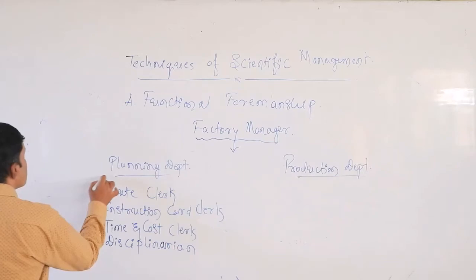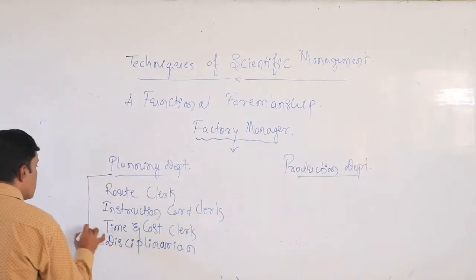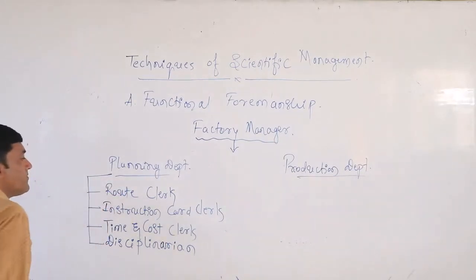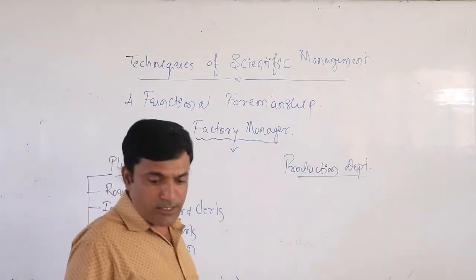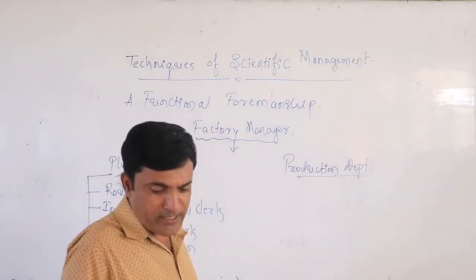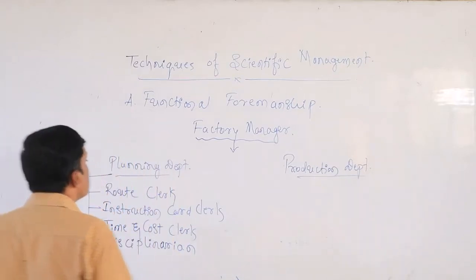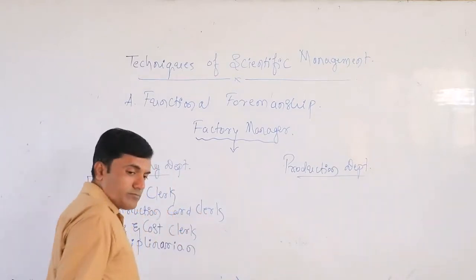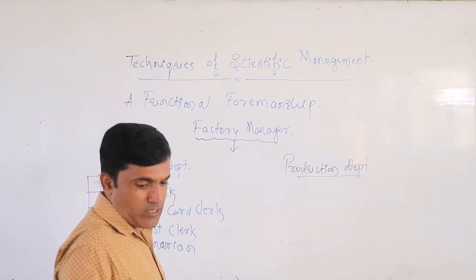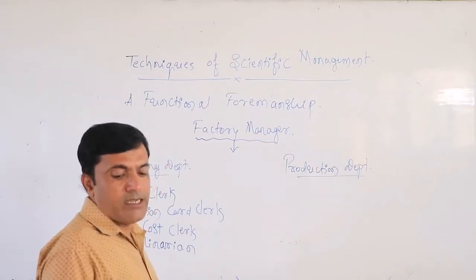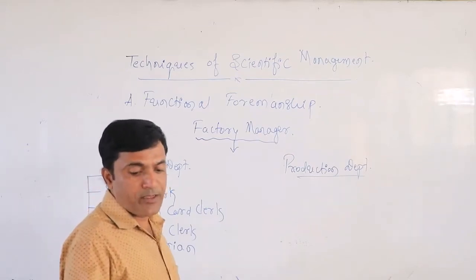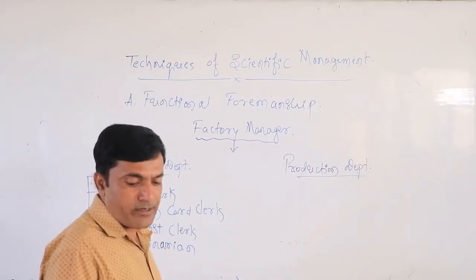So like this, it is divided like this. So dear students, after that, a route clerk, instruction card clerk, time and cost clerk, and finally disciplinarian.